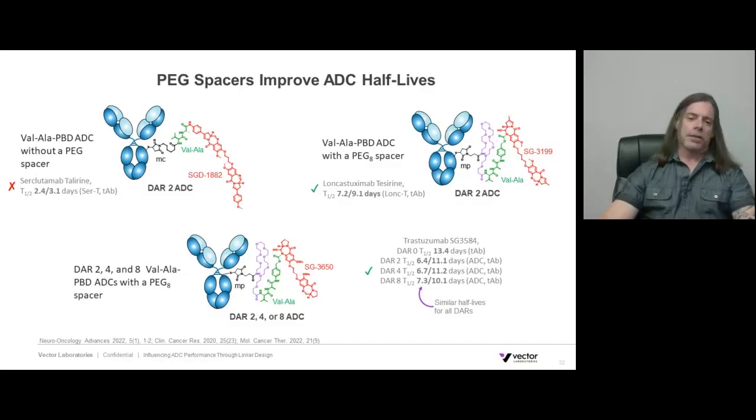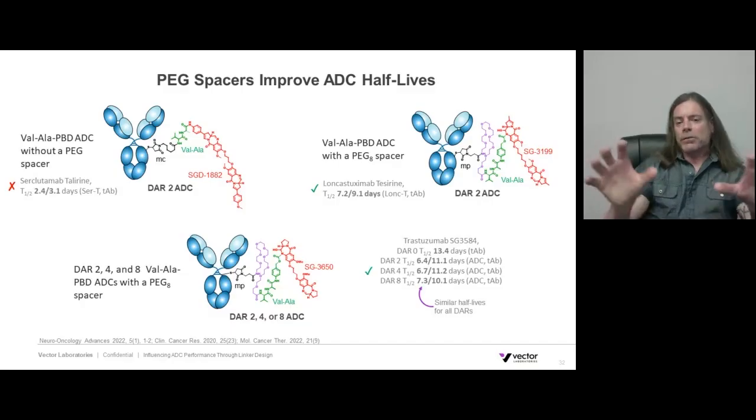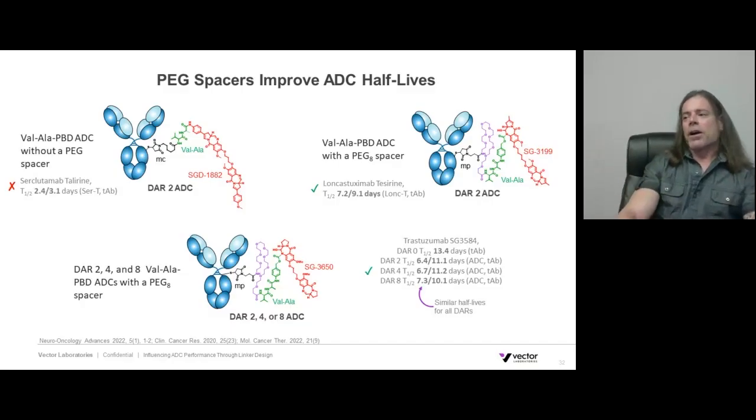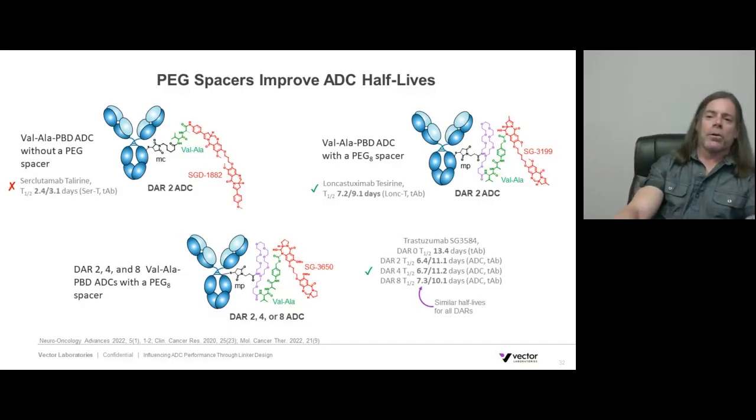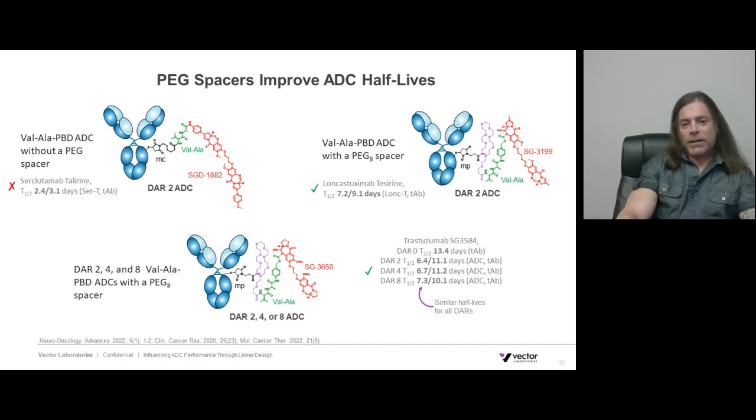So it actually had the opposite effect. What they also showed in that seminal work is that if they took the PEG and put it orthogonal to the payload and antibody rather than between the two, that resultant DAR8 ADC was cleared slower and was more efficacious than the other two ADCs.